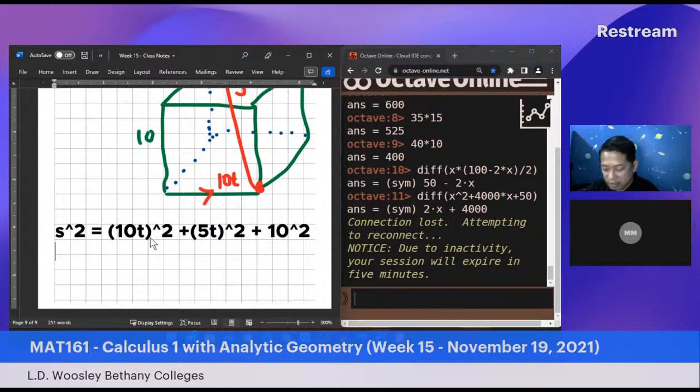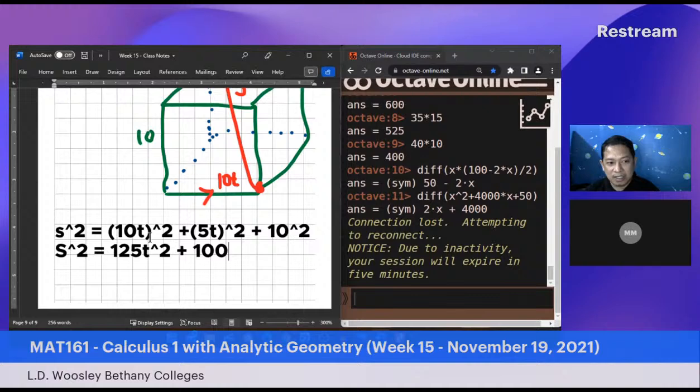Substituting, can you solve further? S squared: 10 squared is 100, and 5 squared is 25, so 25t squared plus 10 squared, which is 100.